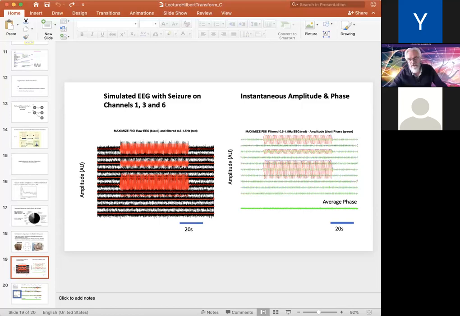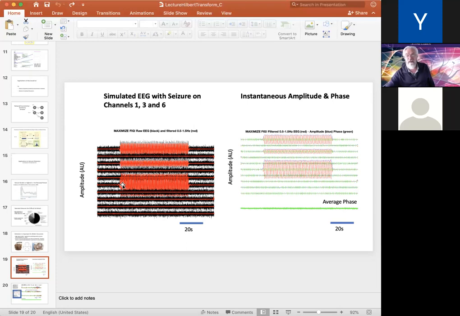So what this slide is showing us is a recording with 10 channels. Each channel contains a bunch of noise, so you can see that black noisy signal in each of the channels. And what I did is I added a simulated seizure, which is a 2 Hertz sine wave with different amplitude in channel 1, a smaller one in channel 3, and a bigger one in channel 6.